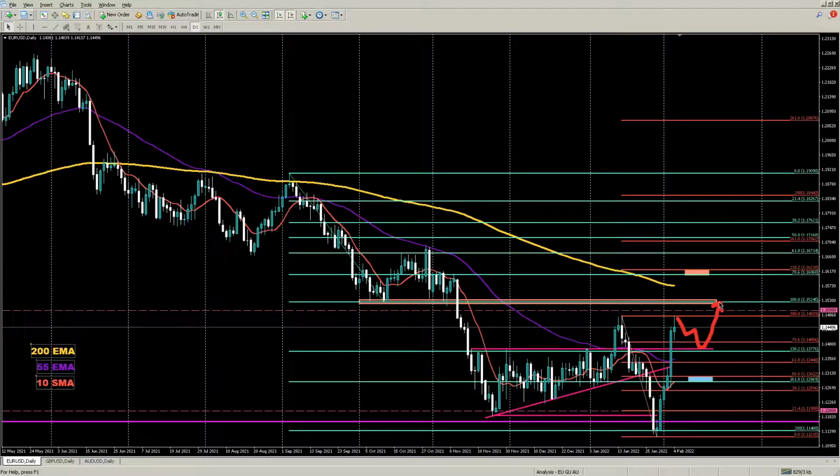I'm not sure whether it's going to be able to break through, or whether it's just going to pull back and consolidate in this zone between this swing low 115.25 and the 138 Fib here at 113.80, let's call it.